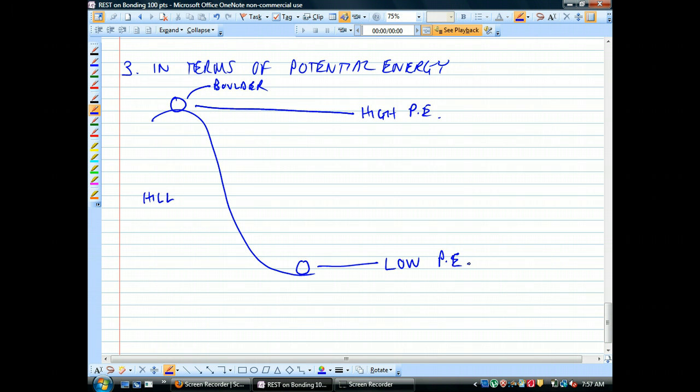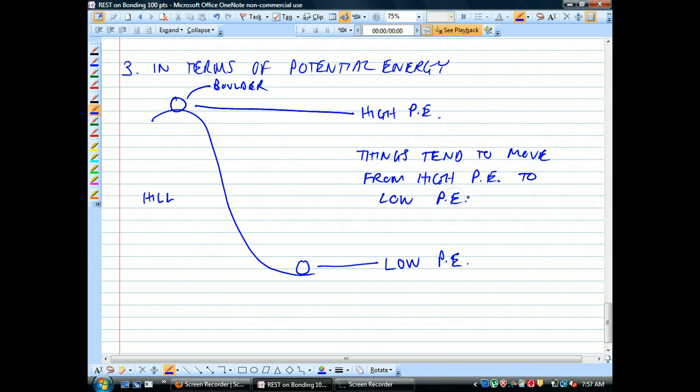And here's the thing. In the universe, systems or things tend to move from high potential energy to low potential energy.